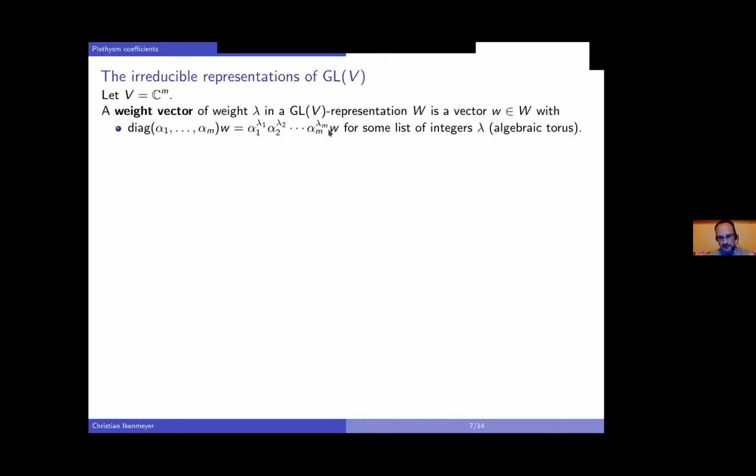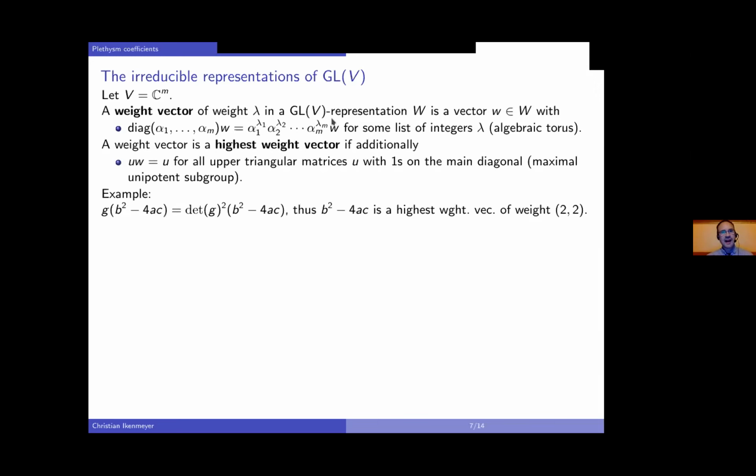I mean, getting rescaled, like the discriminant just gets rescaled when you act on it with some group element. And here are some exponents, these are natural numbers. So it rescales. Those are your field constants, alpha 1 up to alpha m, which are complex numbers, and lambda 1 up to lambda m are integers or natural numbers.